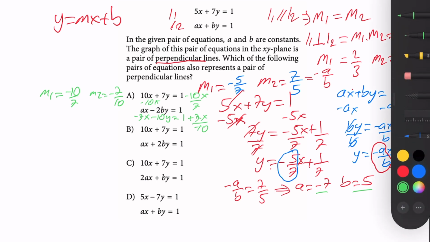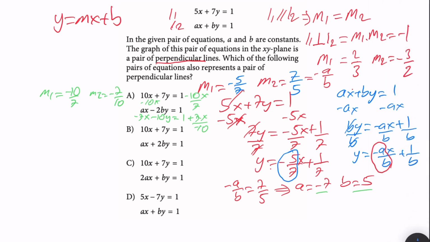So let me use another color for choice B. Again, take away 10x, divide by 7. That gives you -10/7 for m1 in choice B. And substitute -7 for a, and b is 5, so 7x plus 10y is equal to 1.